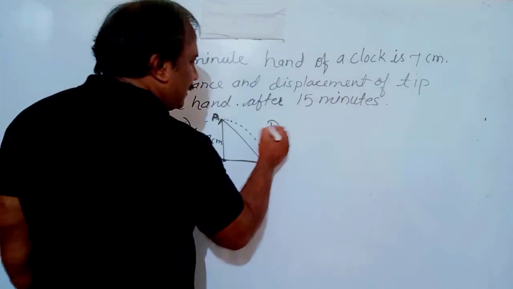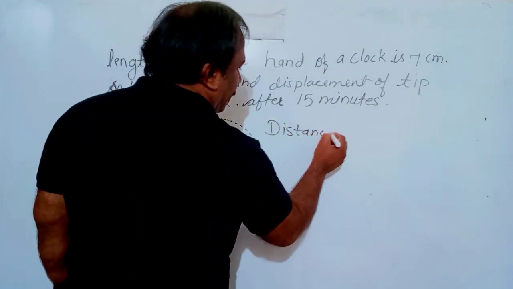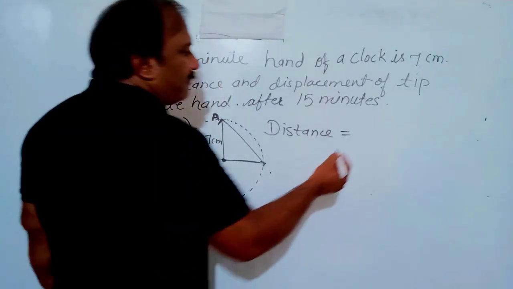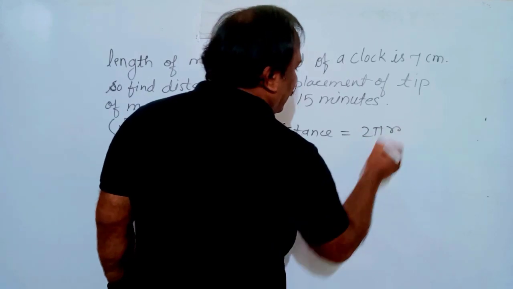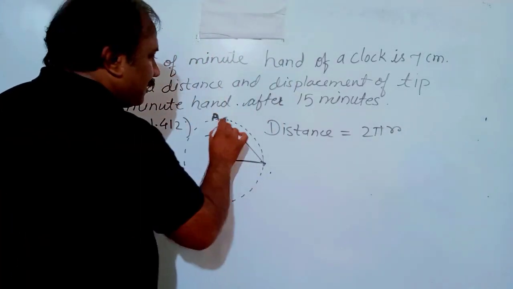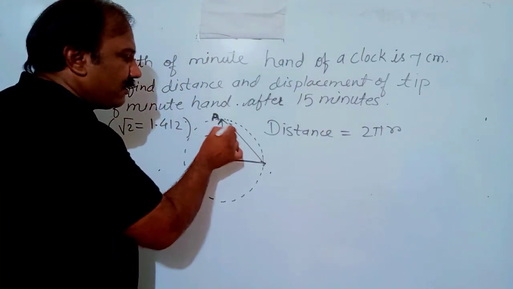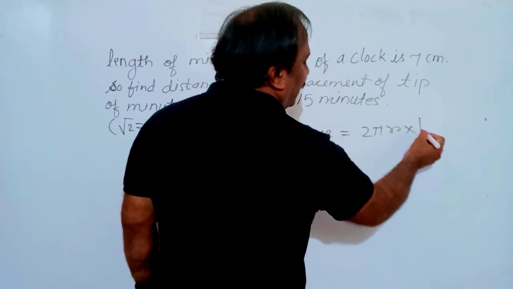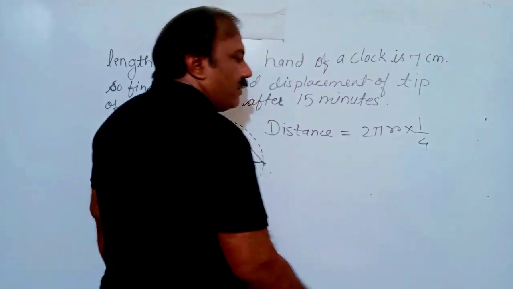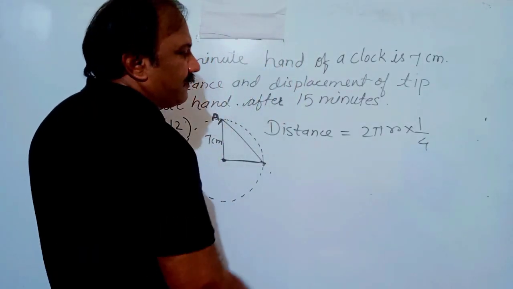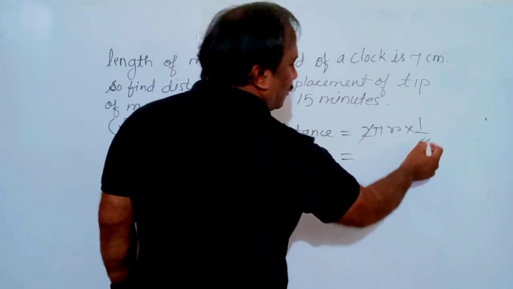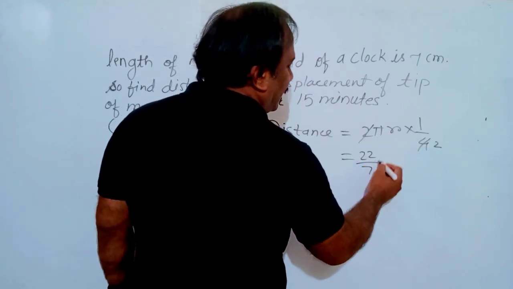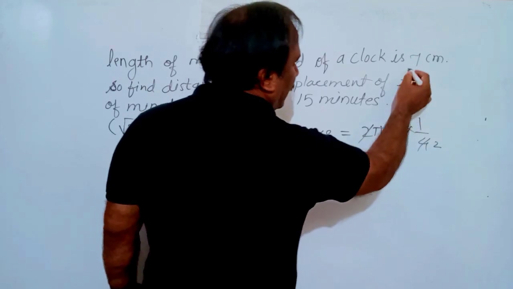So distance is equal to, now what is circumference? Circumference is 2 pi r, but this is the 1/4 of 2 pi r, so into 1/4. Now putting the values, so 2 2s are 4. What is the value of pi? It is 22/7 into what is the value of r?